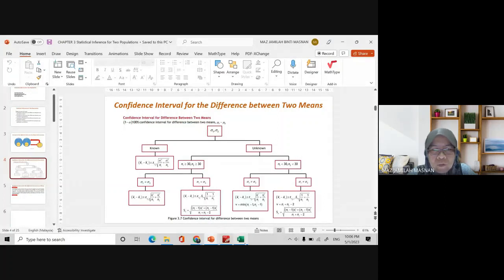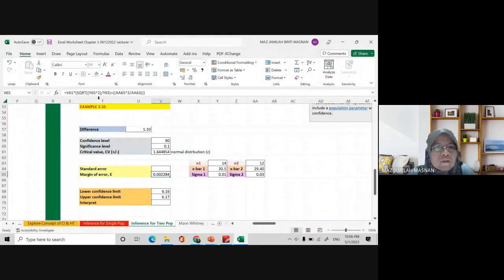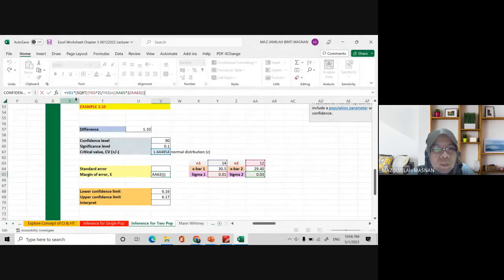So let us check, is it correct? It should be z alpha over 2 multiplied with the square root of sigma 1 squared, that will be 0.01, divided by 63. Why 63? Correct? Plus, in bracket, sigma 2 squared divided by the sample size.